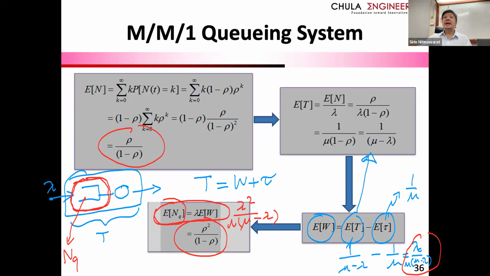But when the system is empty, both NQ and N will be 0. So that's why the difference is not exactly 1, because it depends on the probability of when the system is empty, because when the system is empty, both NQ and N are 0.